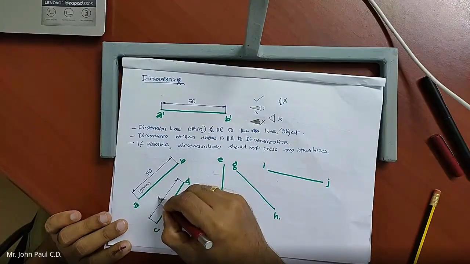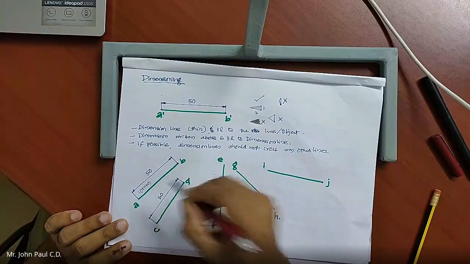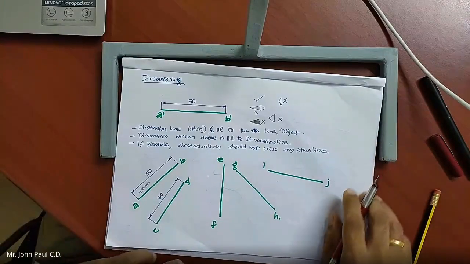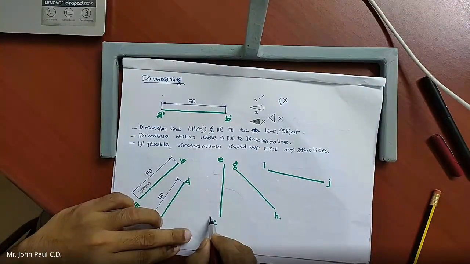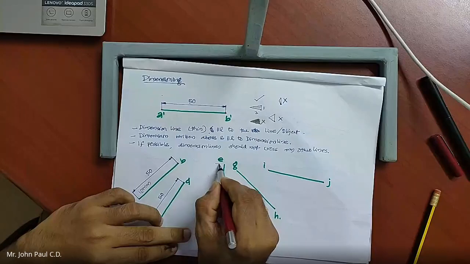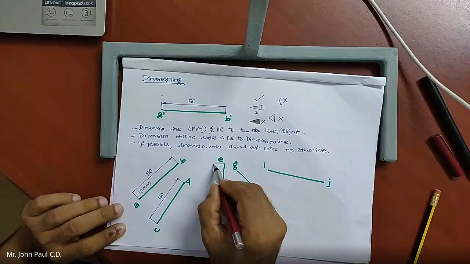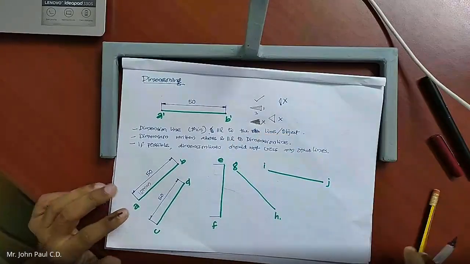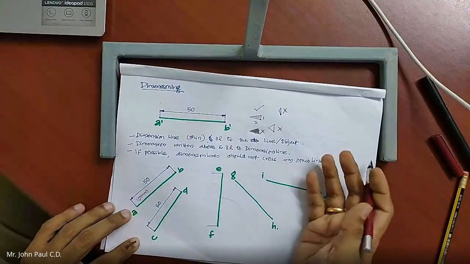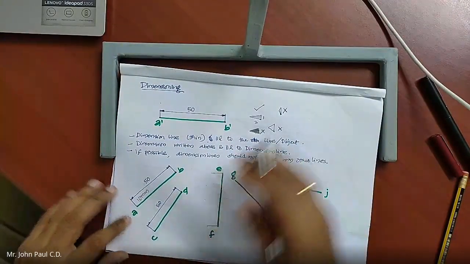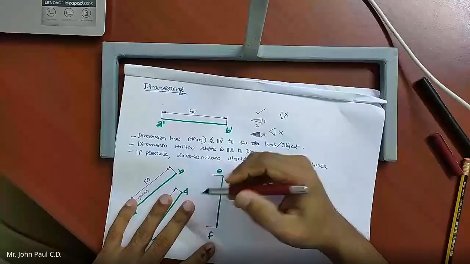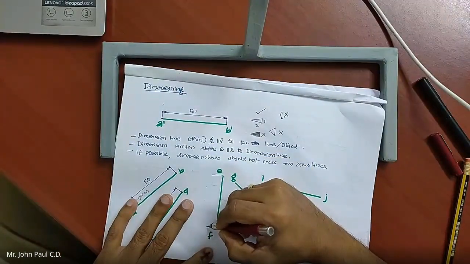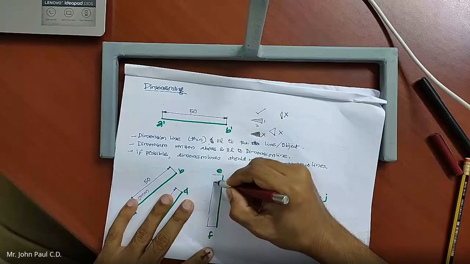And I will mark the dimension. And here, in the case of vertical dimensions, the dimension line can be drawn on the right side or left hand side. There is no issue. So I can mark the dimension here.